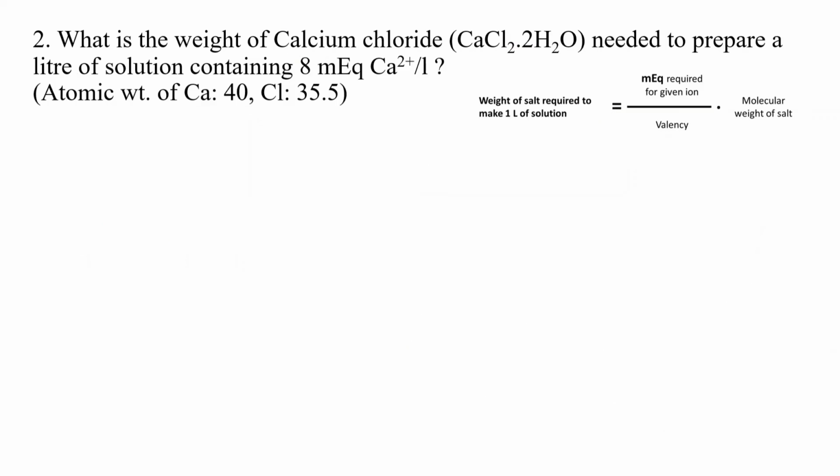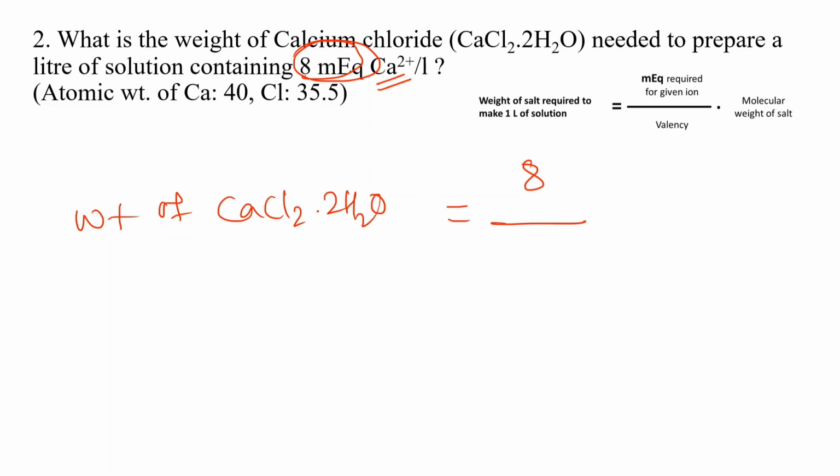One more similar example here. Weight of calcium chloride is equal to 8 milliequivalents of calcium ions required in the solution, divided by its valency. The valency of calcium is 2, multiplied by molecular weight of the salt.